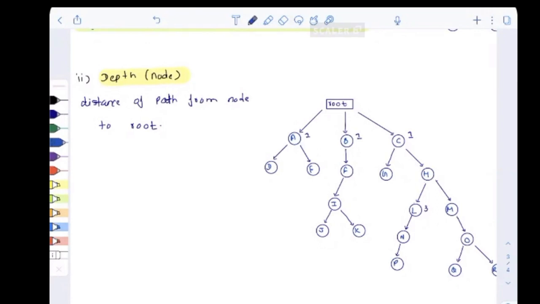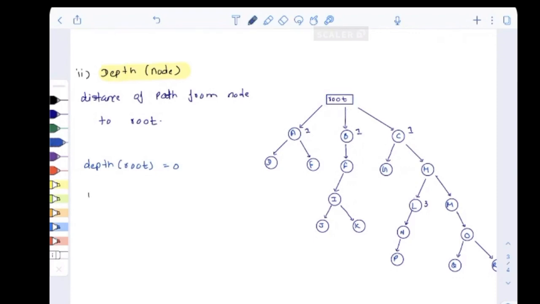Now tell me if that is clear or not. And after that we'll do a discussion. First of all, will you agree on this point that depth of root is 0? Here the standard point is root. So the distance of root to root is going to be 0. That's why depth of root is 0. Now can I say that depth of a node is nothing but depth of its parent plus 1?